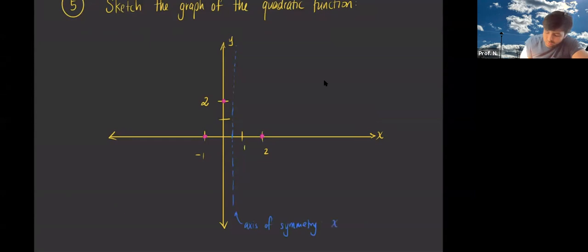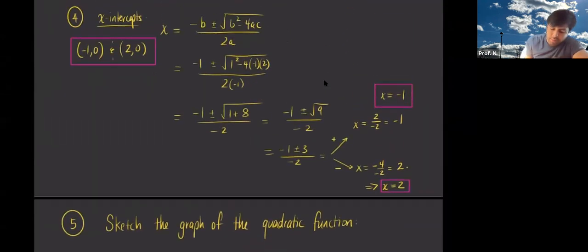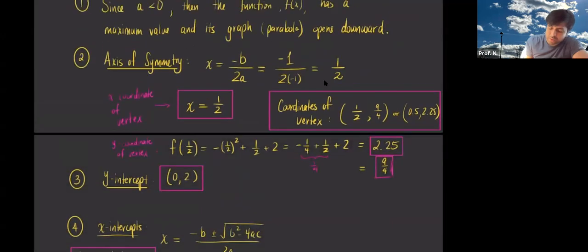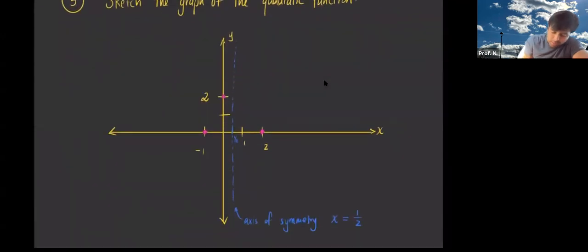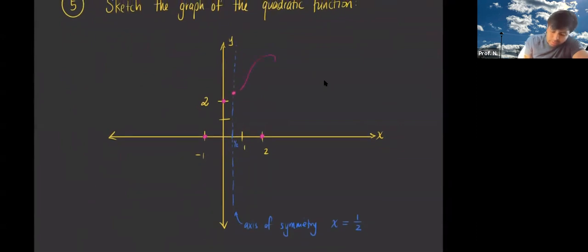And the equation is x equals 1/2. And then based upon this axis, I'm able to figure out that the y-coordinate is 2.25. So the associated y-coordinate is right there. This is my vertex. And my vertex has the coordinates 1/2, comma, 9/4, or in other words, 0.5, comma, 2.25.